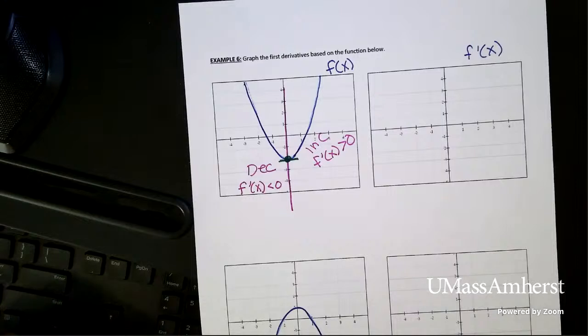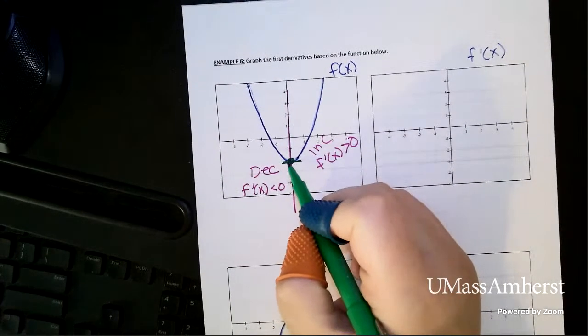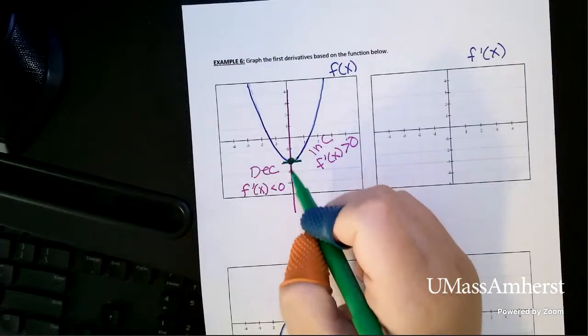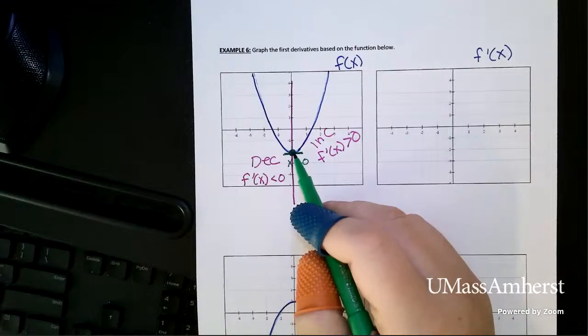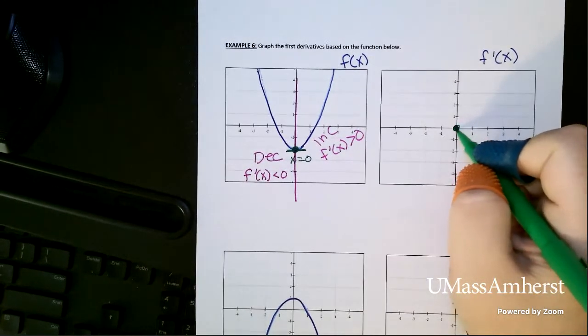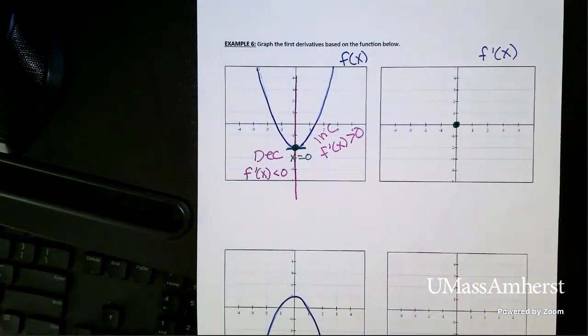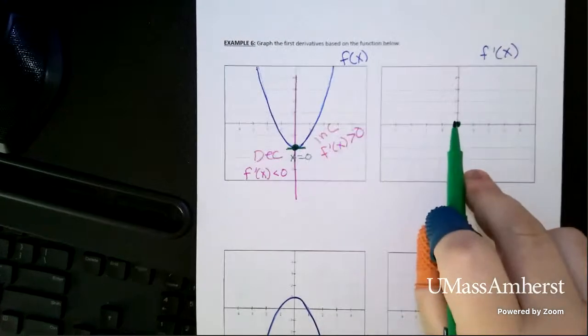Which means that the easiest and best way to start this problem is to find the zeros, because that's the easiest one to calculate and to translate directly. So when x equals 0 is when the derivative equals 0. So I come over here to the origin, and at 0, I plot a 0. Okay, so that's the direct translation of this particular point.